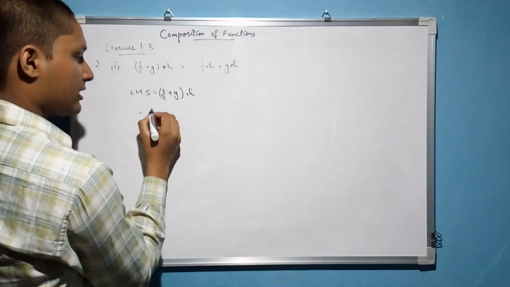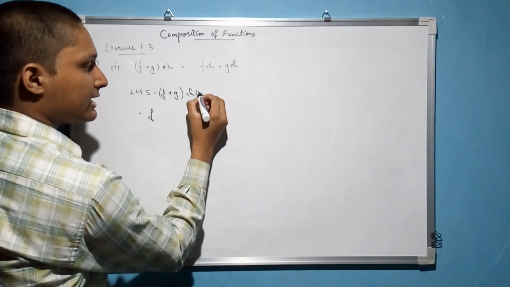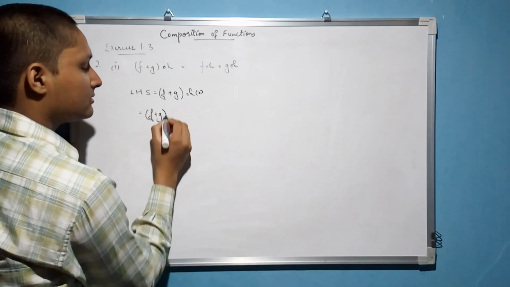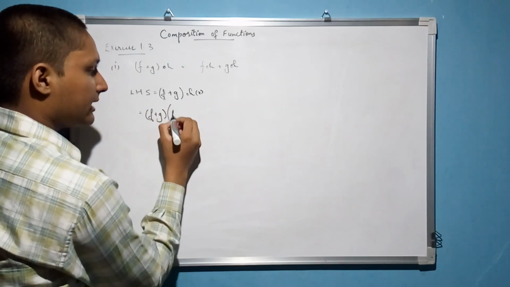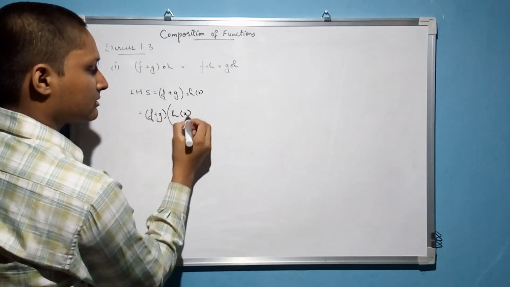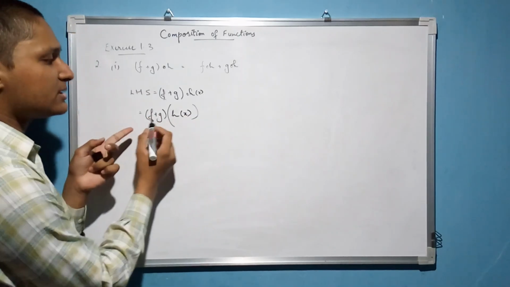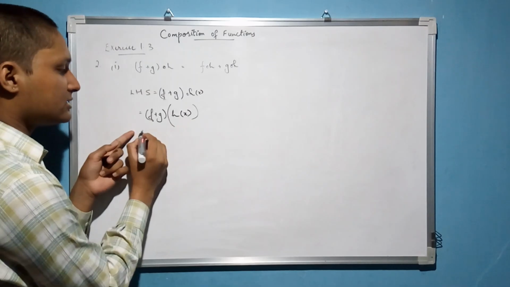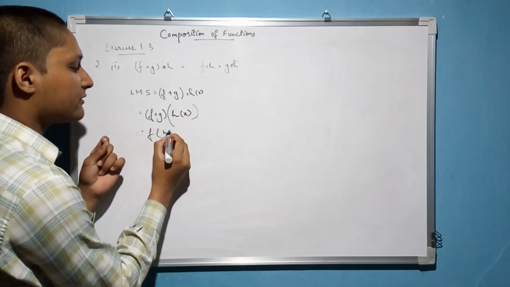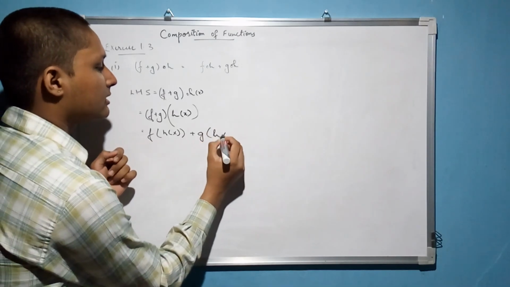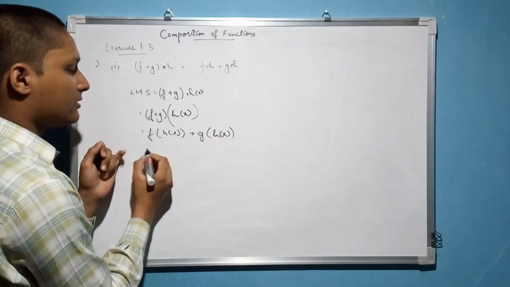Let me take this to be h of x. So I'm taking (f plus g) of h of x, right? Just using the distributive property, it becomes f of h of x plus g of h of x. So what do I get here?